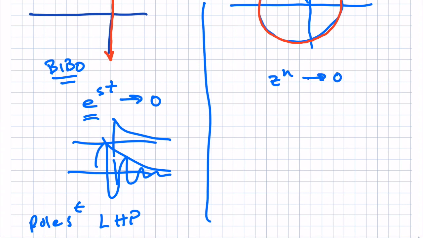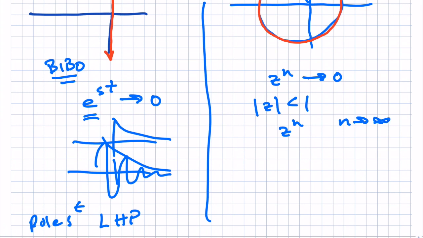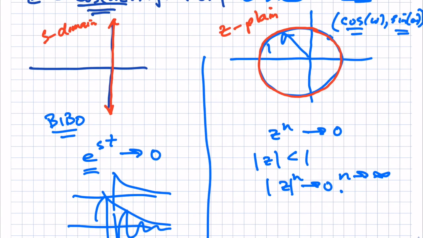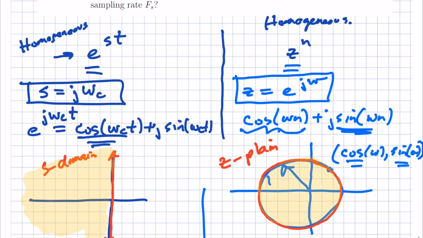So if I have the magnitude of z less than 1, then as n gets large, the absolute value of z to the n vanishes to 0. So that means that everything inside the unit circle is what gives you stability over in the z domain. For the s domain, it was everything in the left half plane. Hopefully those make some logical sense to you.